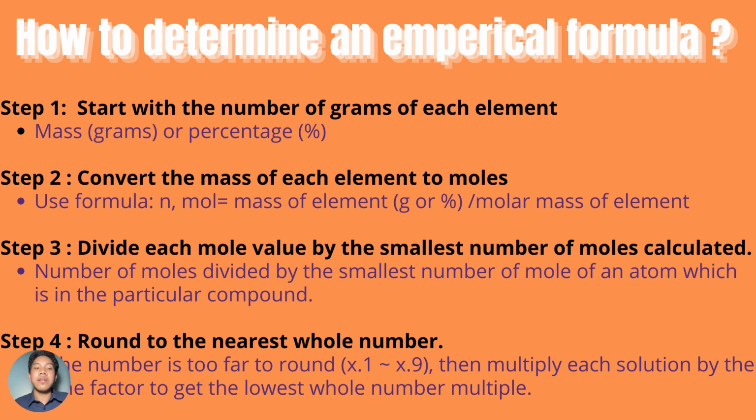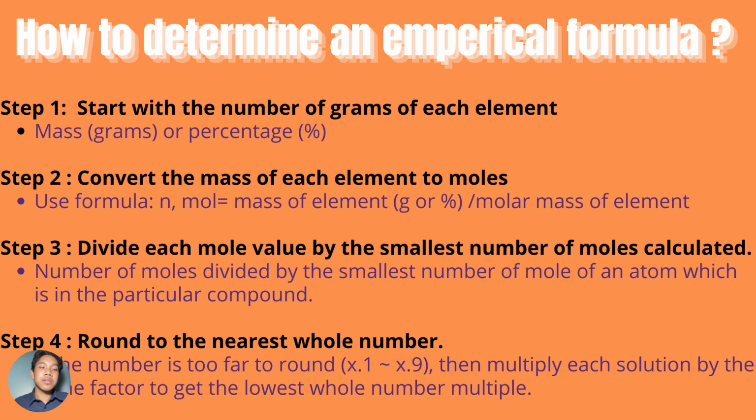The formula is n, which is mole, is equal to mass of element, I put it here in brackets, grams or percentage, so that you won't be confused, divided by the molar mass of the element. Where can you get the molar mass? You probably should know by now that you can get the molar mass of an element in the periodic table of elements, right?